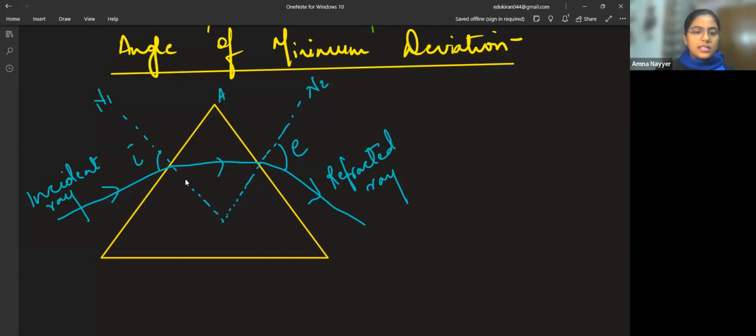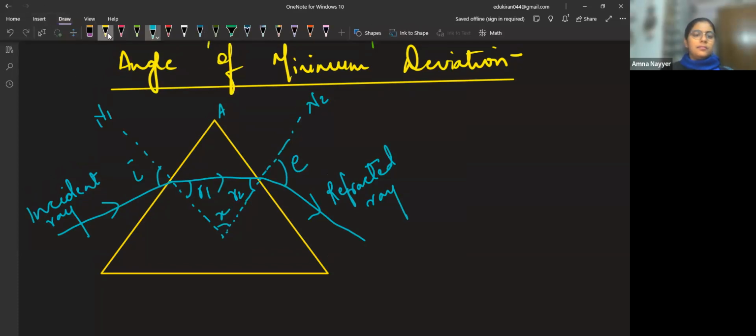So this is R1, the refraction angle. This is R2, the emergent angle. These are the refracted angles. There is one more angle that we'll use in the derivation. Let's name this as X. If this is A, I'll name this as B, this as C, and this point as D. All right. All these labels are made.